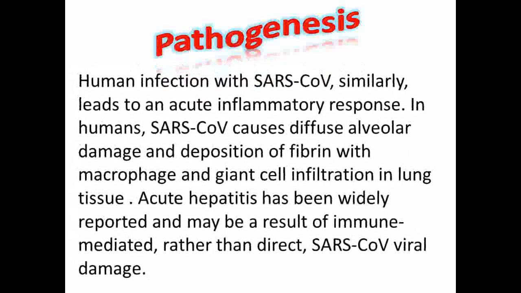A human infection with SARS coronavirus similarly led to an acute inflammatory response. In humans, SARS coronavirus caused diffuse alveolar damage and deposition of fibrin with macrophage and giant cell infiltration in lung tissue. Acute hepatitis has been widely reported and may be a result of immune-mediated rather than direct SARS coronavirus viral damage.